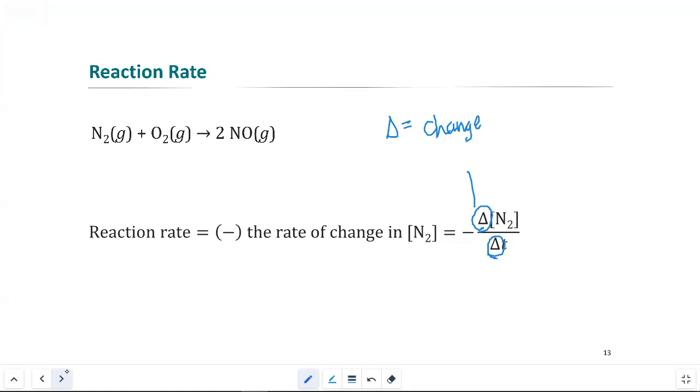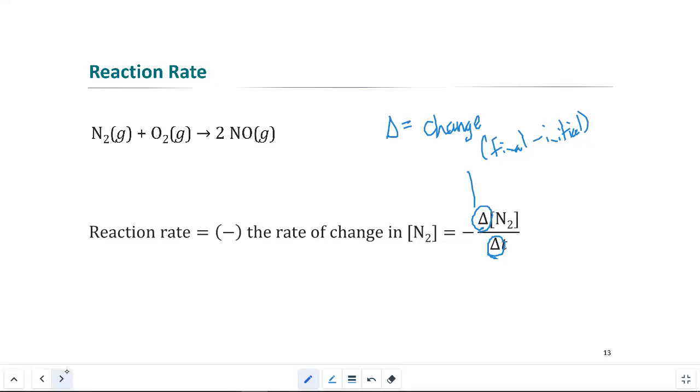If you're unfamiliar, the Greek capital letter delta there indicates a change. That change is always calculated as final minus initial. So take final and initial to be whatever you want them to be. You can think of it as later compared to earlier, first compared to last, however it works.